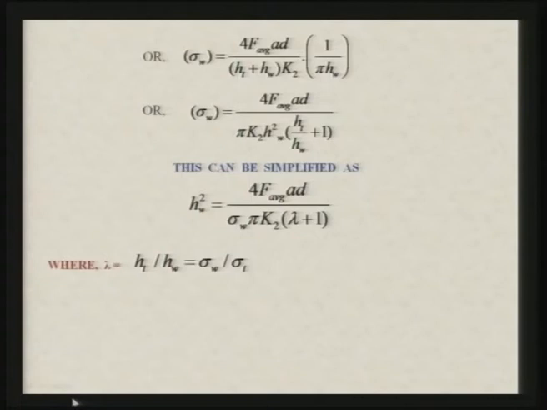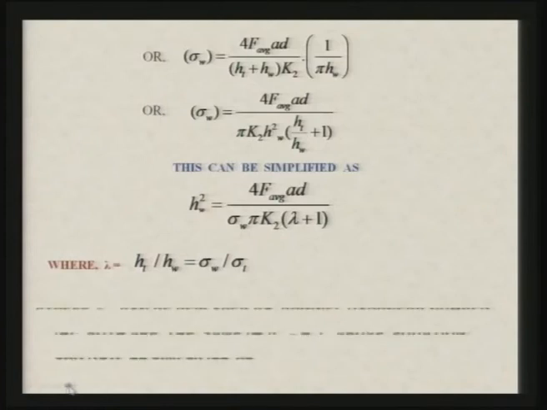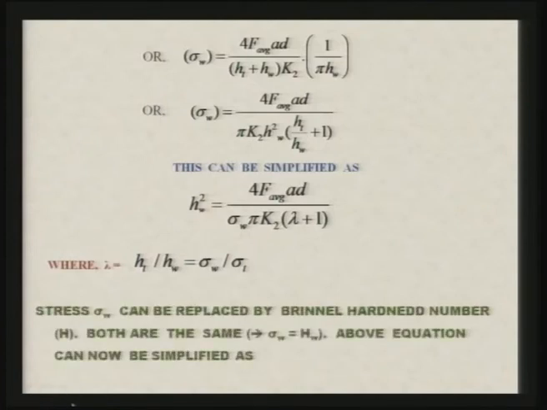The higher the strength, the lower will be the depth of penetration. That is why you can see here h_T over h_W is equal to sigma_W over sigma_T. Stress sigma_W can be replaced by the Brinell hardness number H. Both are the same: sigma_W is equal to H_W, the workpiece Brinell hardness number.